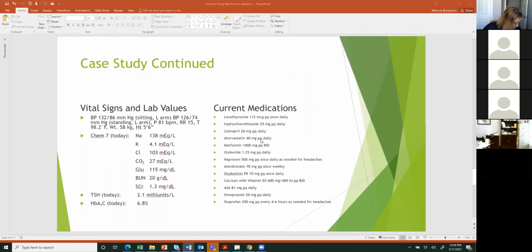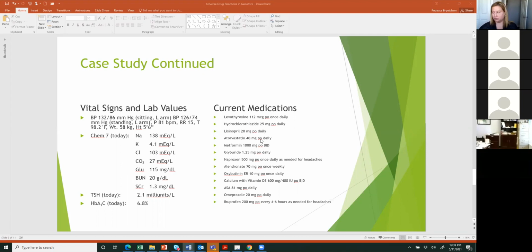So I don't know that we need to use a high intensity statin in this patient to meet the guideline recommendations that we have for individuals in this situation. We're looking at patients who have diabetes at this point, more so than those who are over or under a certain age. So I think decreasing the atorvastatin dose might be reasonable, and it might also be a good way to minimize adverse drug reactions as well.